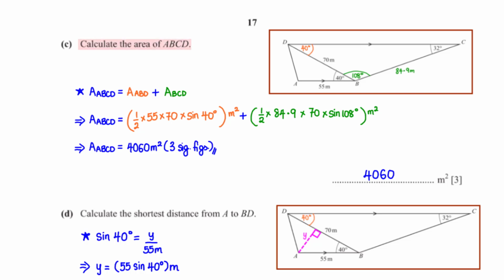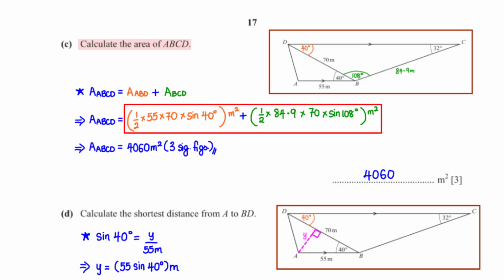Calculate the area of ABCD. The area of ABCD can be found by adding the area of triangle ABD to the area of triangle BCD. The area of triangle ABD is equal to half of 55 times 70 times the sine of the angle between these two lengths, which is 40 degrees.